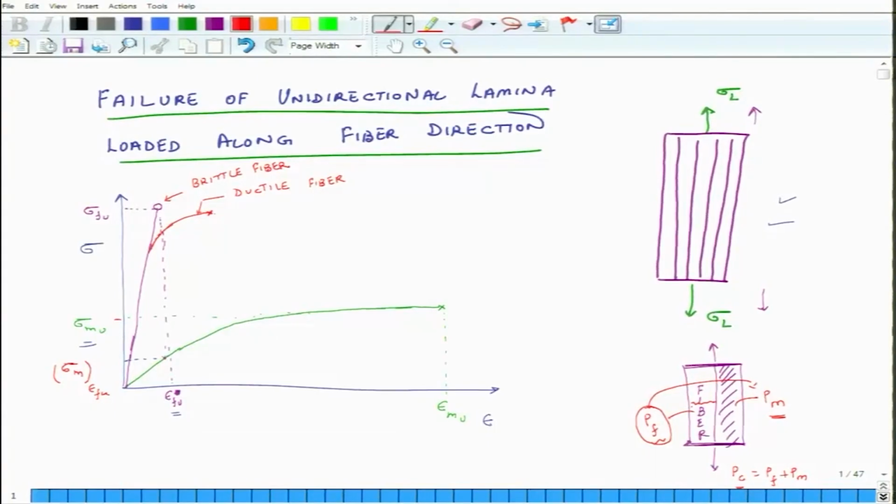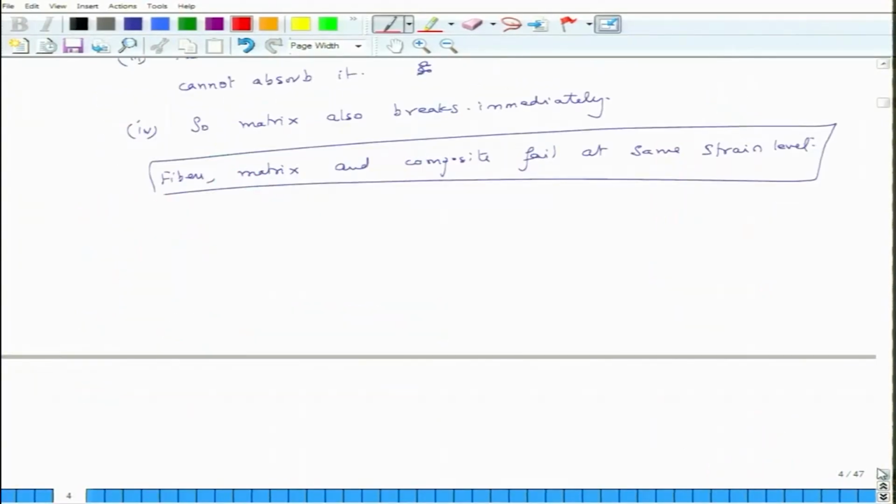It corresponds to this point on the green curve. At the strain level of epsilon Fu, in the fiber the stress is sigma Fu, and in the matrix the stress is sigma m at this strain level, which is epsilon Fu. Understood?